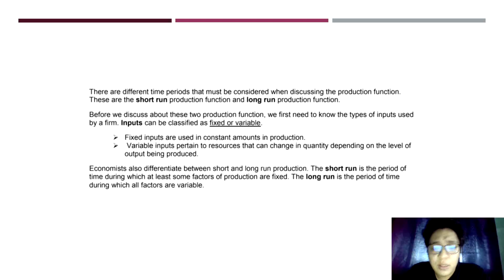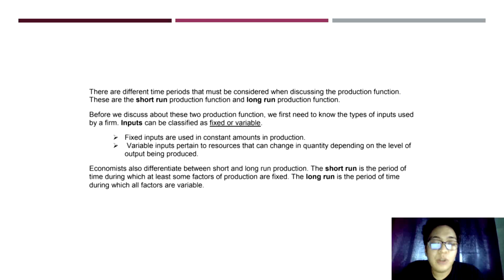Now, when we define short run and long run, short run is the period of time during which at least some factors of production are fixed. Ibig sabihin, doon sa inputs na meron tayo na nadadaan sa isang specific process, some of those inputs are fixed. And that is short run.